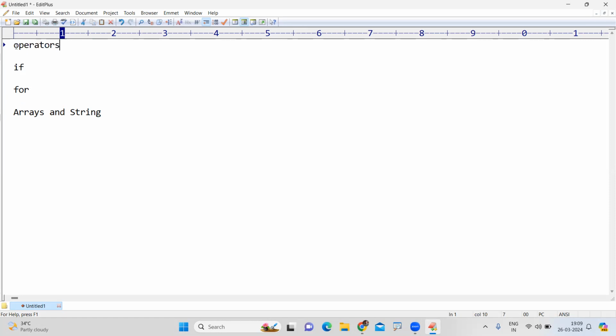So first of all, we should be good at the operators concept, then conditional statements, then looping concepts, followed by the array. Once you are good at the concept of array, then we can start implementing the stack and queue. So all the things one by one, I'm going to explain.